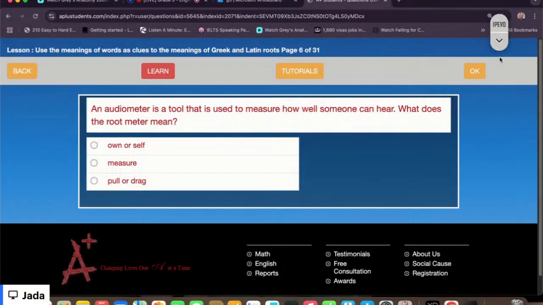So an audiometer is a tool that is used to measure how well someone can hear. What does the root meter mean?